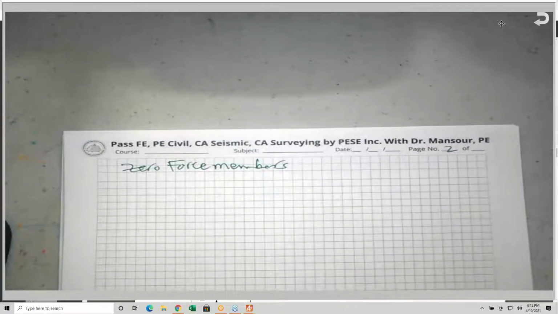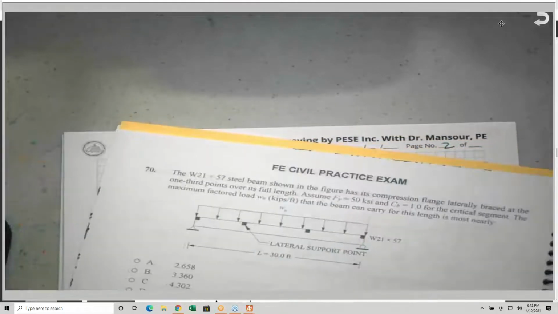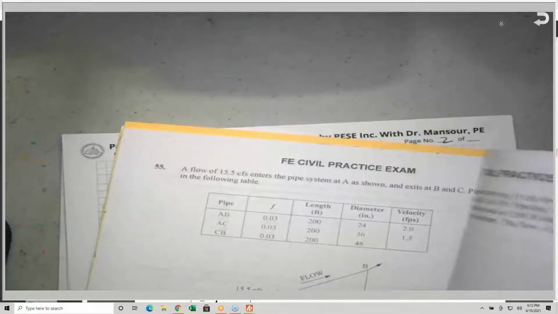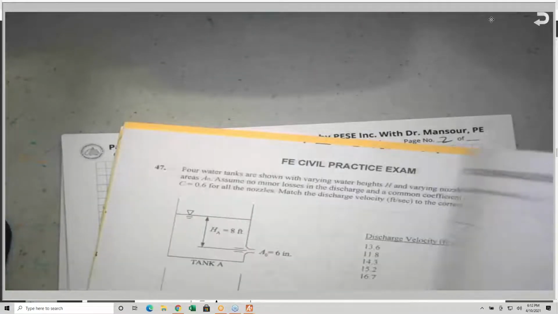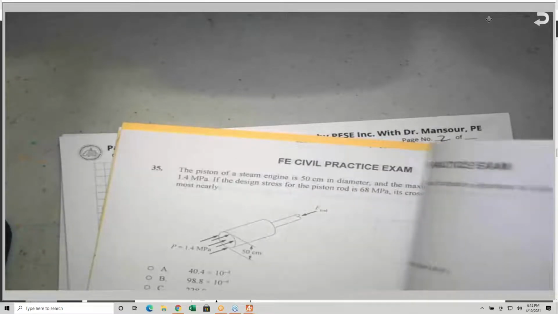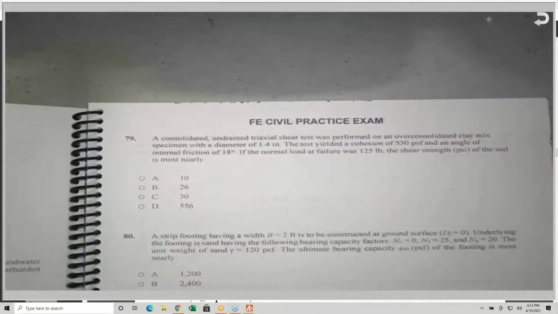because, as I indicated, one of the problems in the practice NCEES asks about this. I showed you a few minutes ago, this is another book.